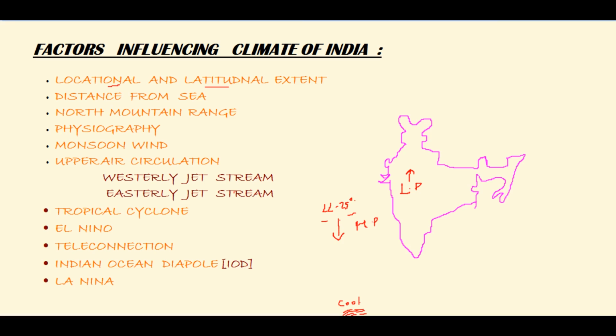The pressure difference is large, and let's say in Barmer 44 degrees Celsius is reached in June, so the winds will travel from high pressure to low pressure. So this will happen.